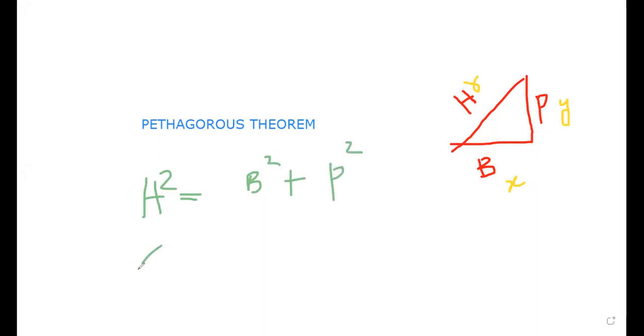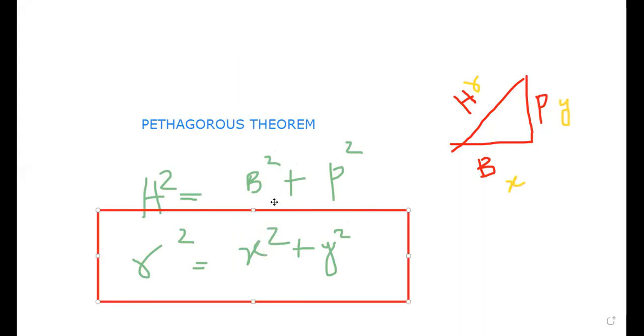You can also write it as R squared equals X squared plus Y squared. This is called the Pythagoras theorem. Now we will go towards our exercise.